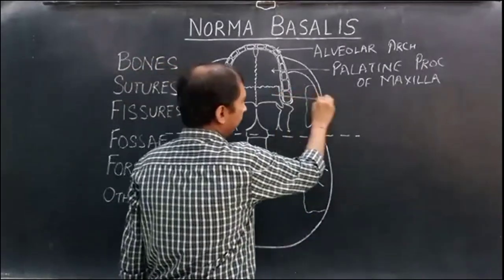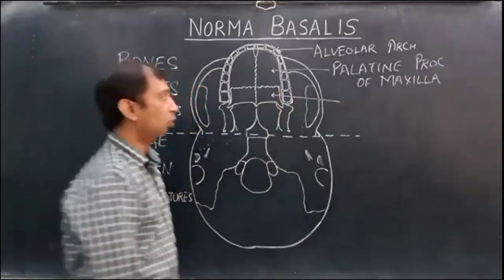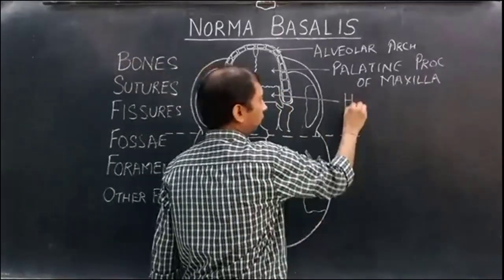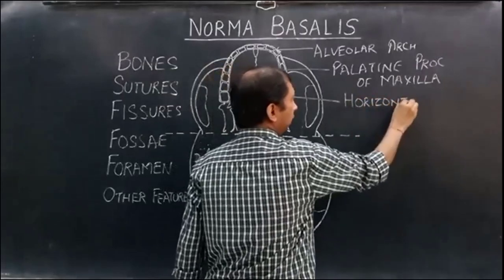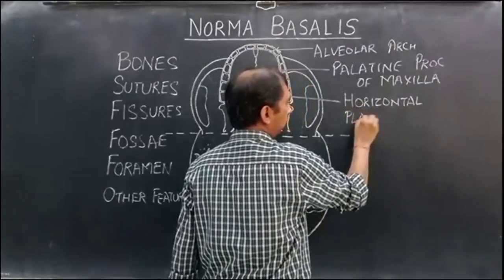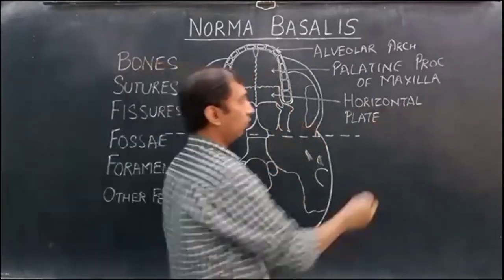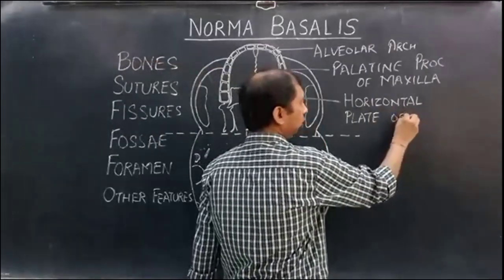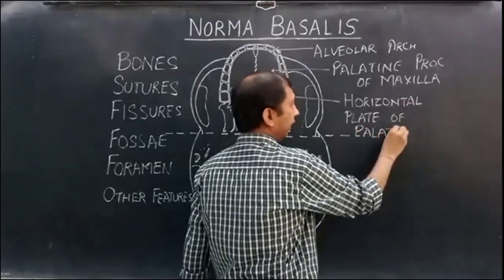Posteriorly, this is a separate bone, and this is known as the horizontal plate. It is in the form of a plate, and this is of which bone? Of palatine bone.